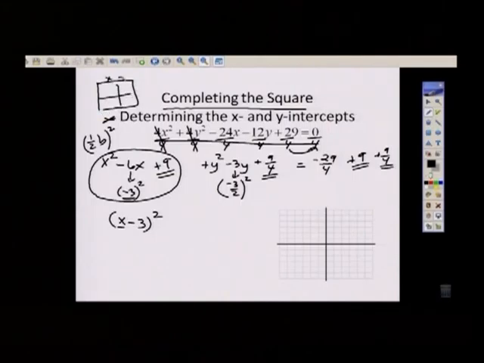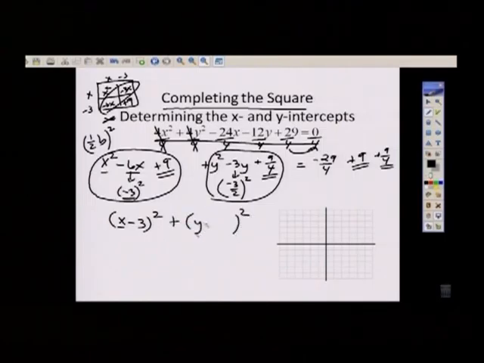If I have x minus 3 times x minus 3, I get x squared minus 3x minus 3x plus 9, so I do get my x squared minus 6x plus 9. The same thing over here: if I factor that into a perfect square, it is y and the half number. And again, you can multiply that out to verify.